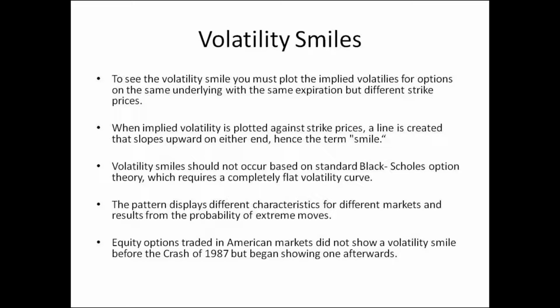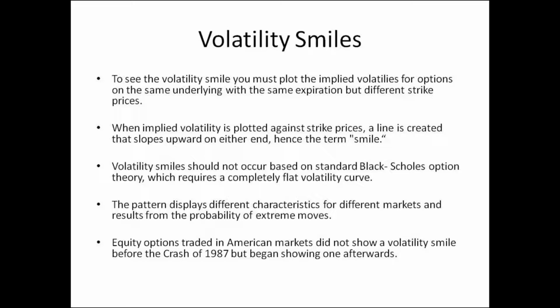So in order to see what the volatility smile is, you have to plot the implied volatilities of options on the same underlying with the same expiration, but with different strike prices. So what we do is we'll say if there's an underlying, and there might be 20 different options out there, all on that same underlying with different strike prices with the same expiration.